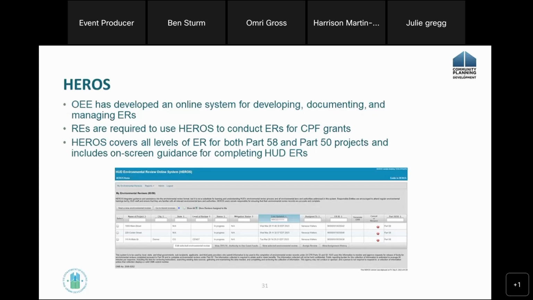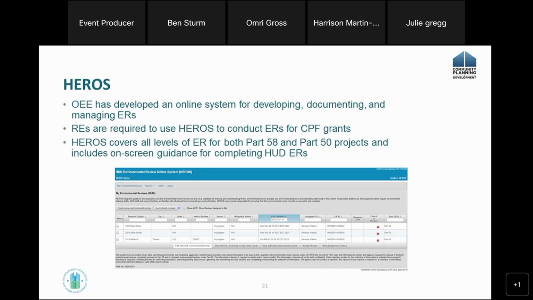I also just want to note for all of you, if you're new to using HEROS, if this is the first time you're interacting with it, it's a really great way to streamline the environmental review process. The electronic templates in the system walk you through all of the steps of the process based on your level of review. They cover all of the laws and authorities in great depth, and it really helps save you time in the environmental review process and provides guidance for how to complete each section.